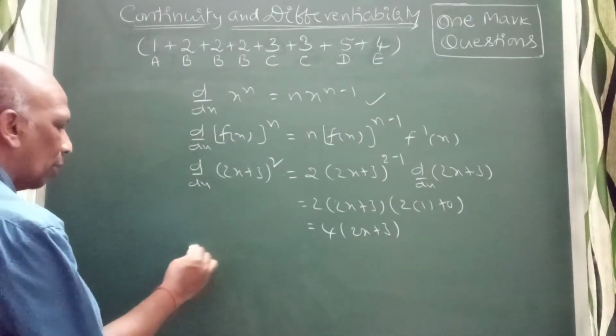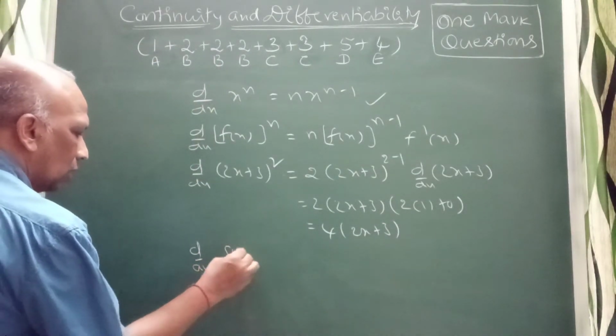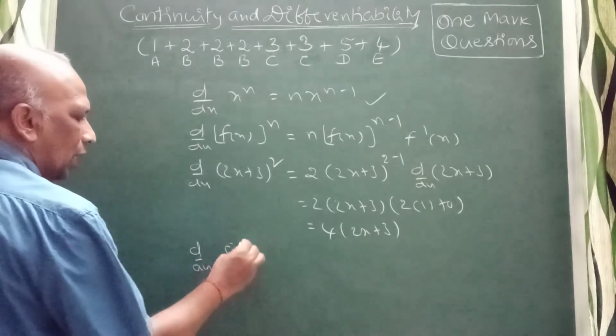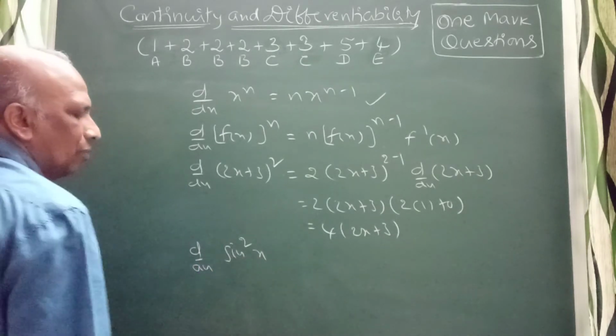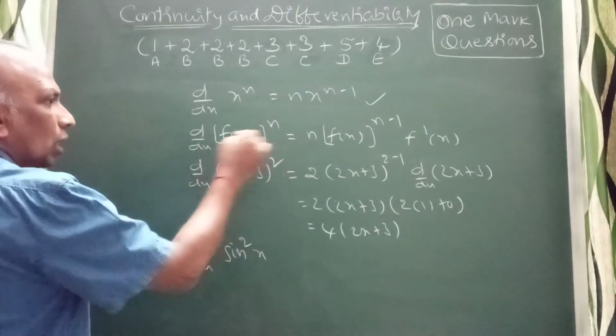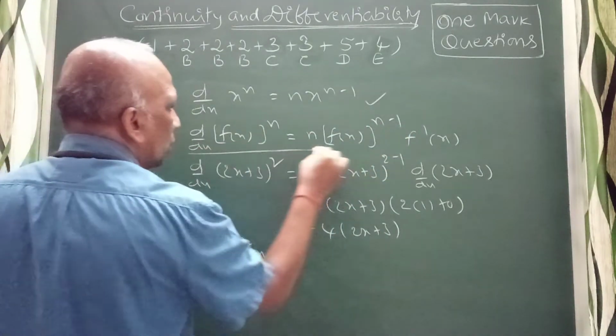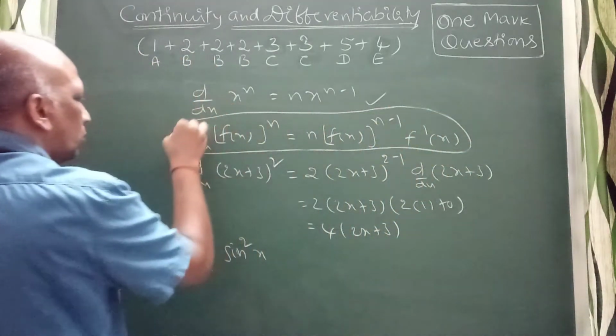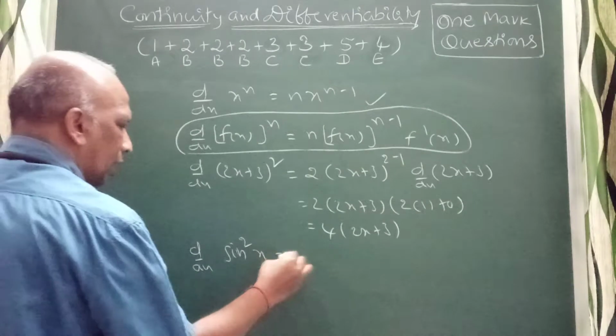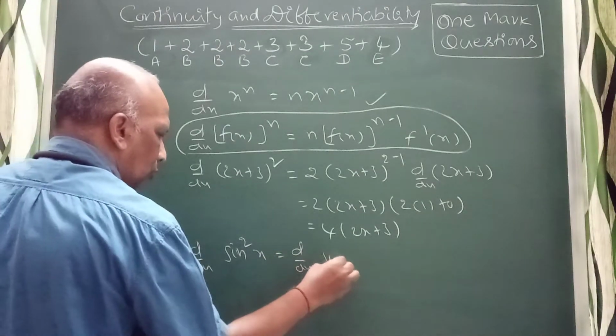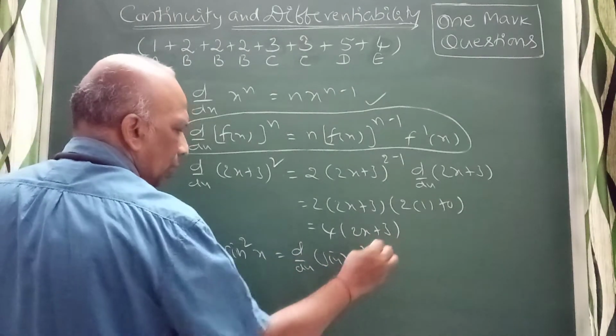For example, d by dx of sin square x is given. So think about this formula. That means sin square x, I can write as d by dx of sin x whole square.